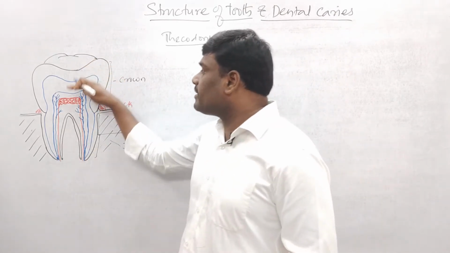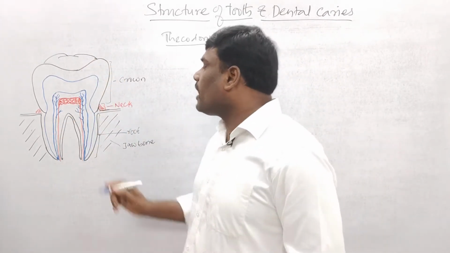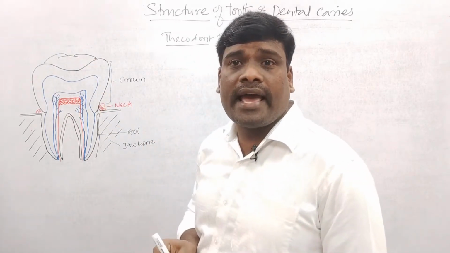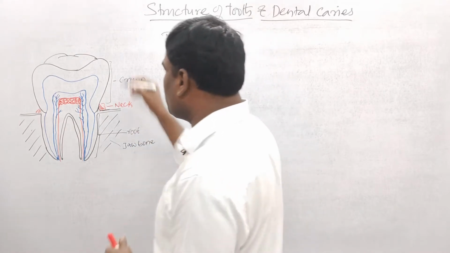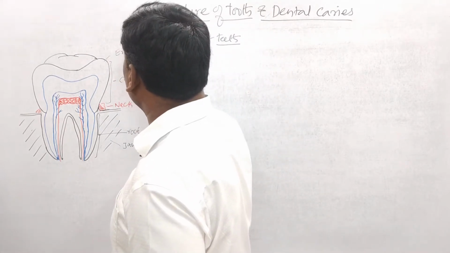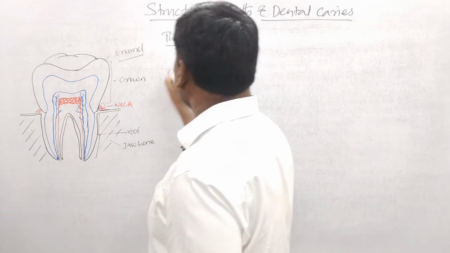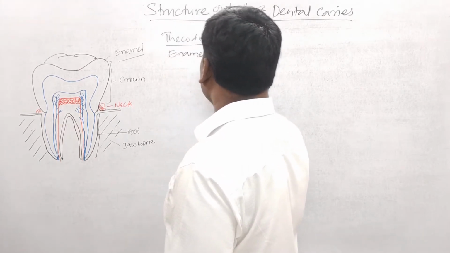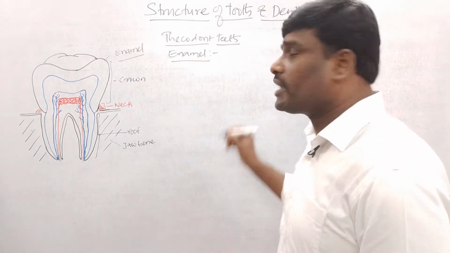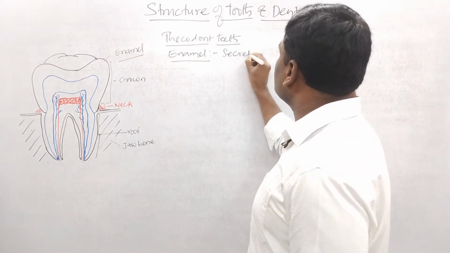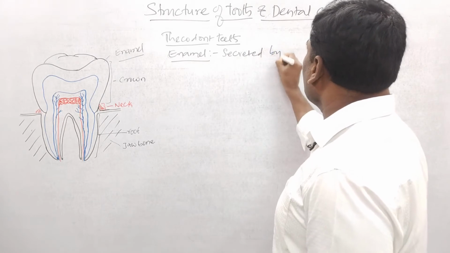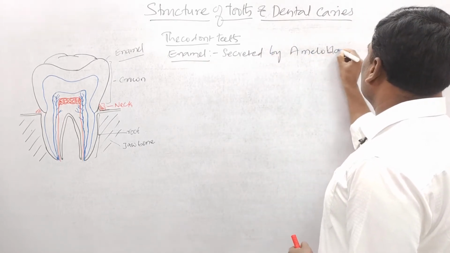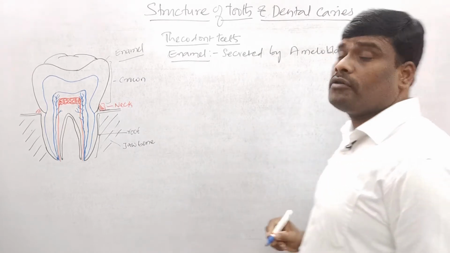So if you see the structure of this one, the outer visible part of this tooth we call the enamel. So this is enamel, children. If we study this enamel, it is secreted by cells called ameloblasts.